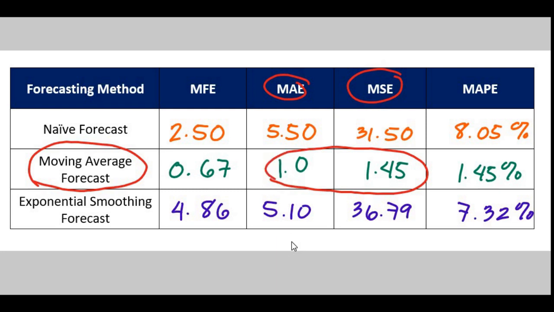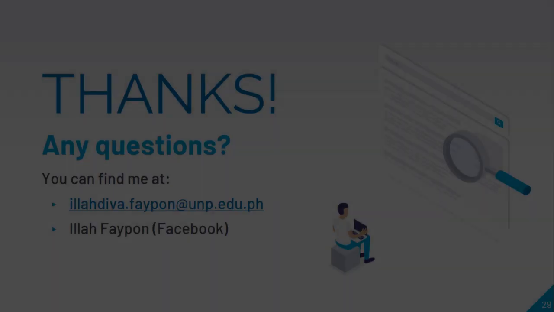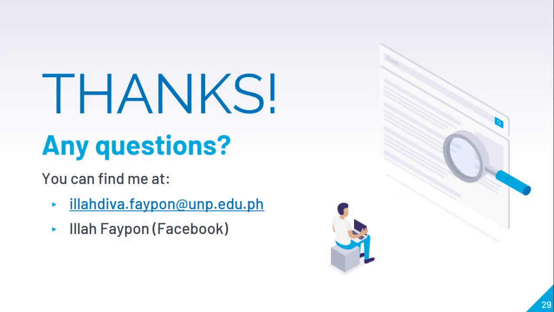So that means that the moving average forecast is the most accurate and appropriate forecasting method for that given data set.